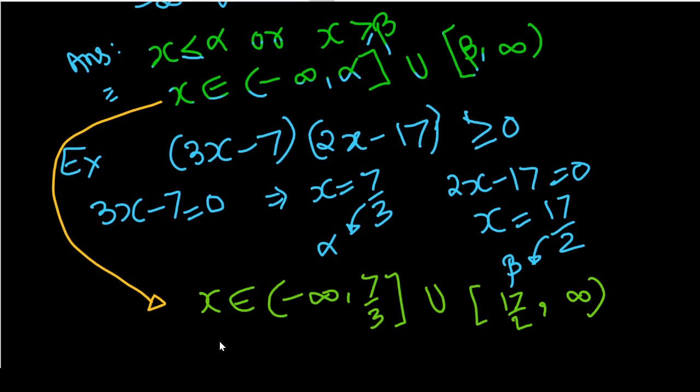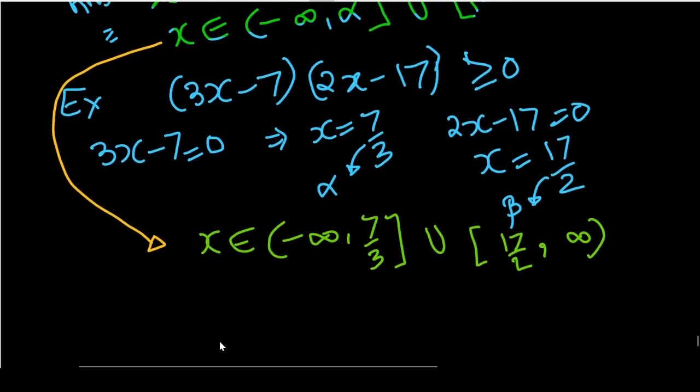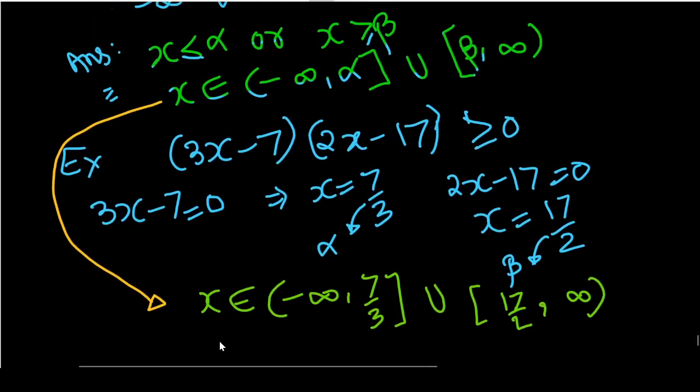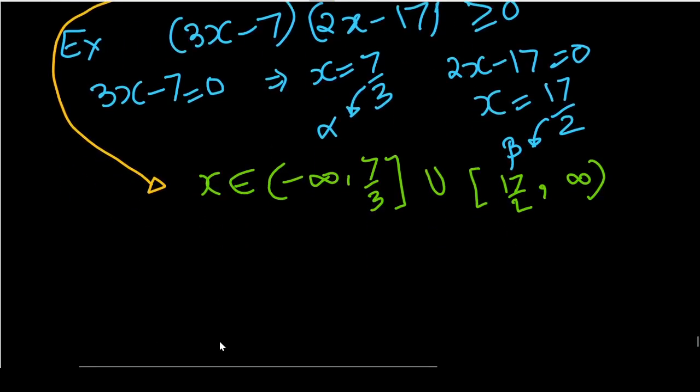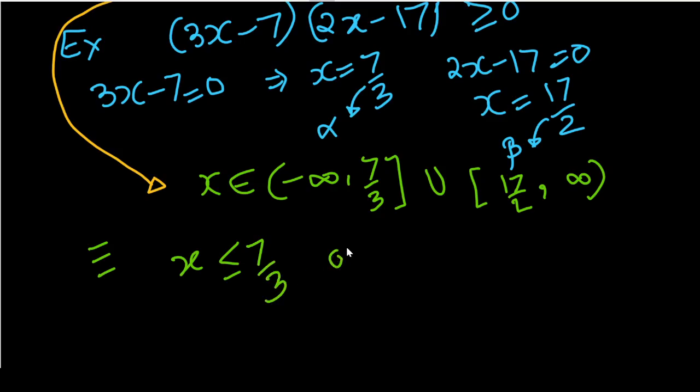Okay, or else you can write it in inequality form also, like this: equivalently x lesser than equal to 7 by 3 or x greater than equal to 17 by 2. That way also we can write.